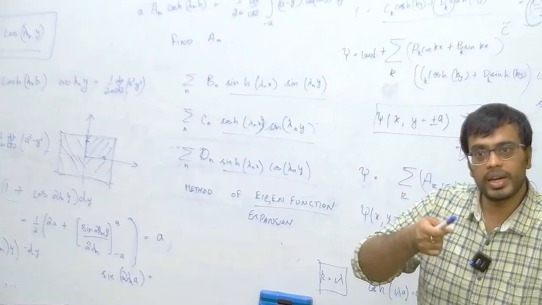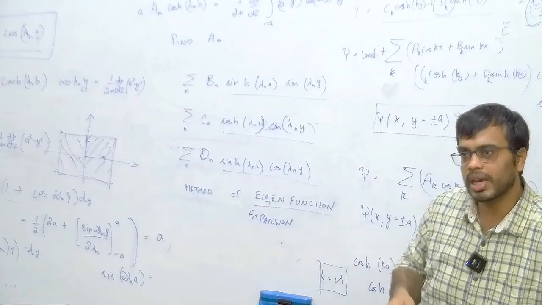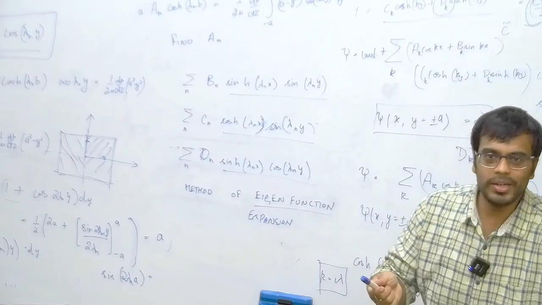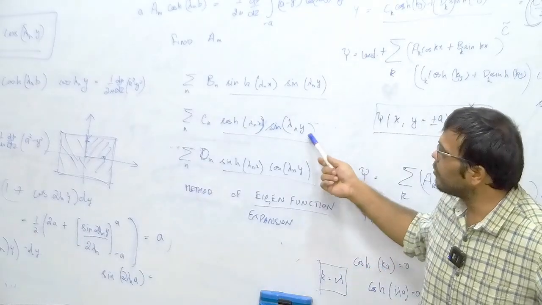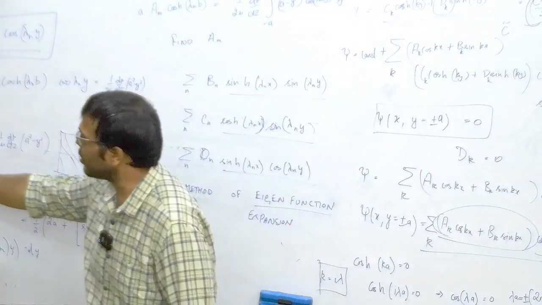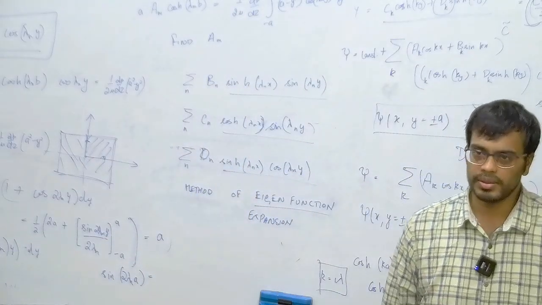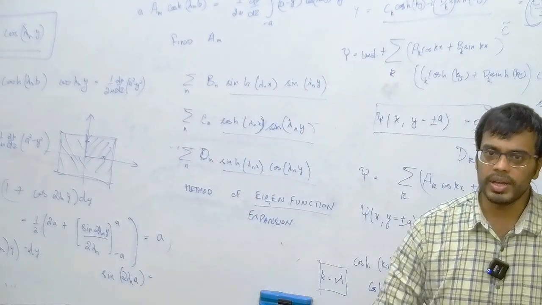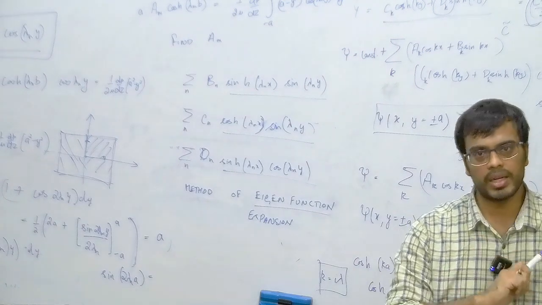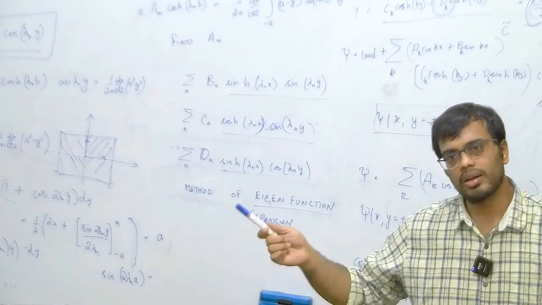Just like you find the coefficients of i cap, j cap, k cap, which are geometrically orthogonal to each other, here you have functions which are orthogonal to each other, and you can solve for their coefficients. So it is a very similar idea as vector spaces, in the functional space.